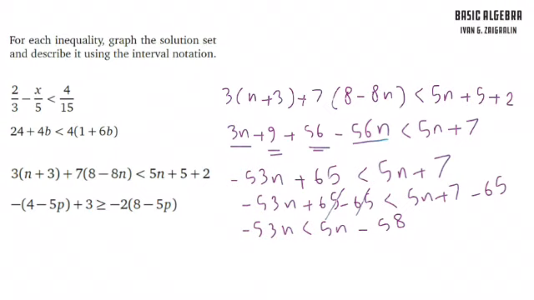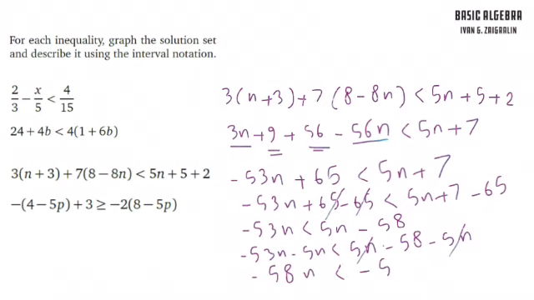and then we add negative 5n to each side. Negative 53n minus 5n is less than 5n minus 58 minus 5n. This negative 5n goes with this 5n, and negative 58n is less than negative 58.